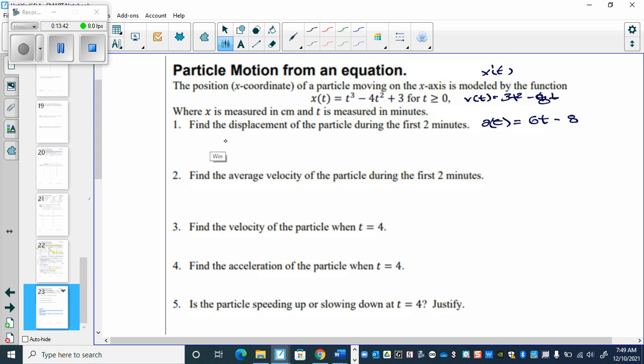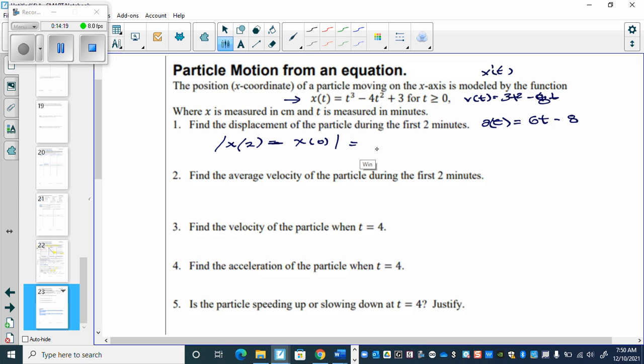So we find the displacement of the particle during the first 2 minutes. That's pretty easy. Since this is the position where it's at, they're just talking about x sub 2 minus where it's at, x sub 0. So it starts at 0, ends right here. We're not doing it in terms of velocity because we don't have to.